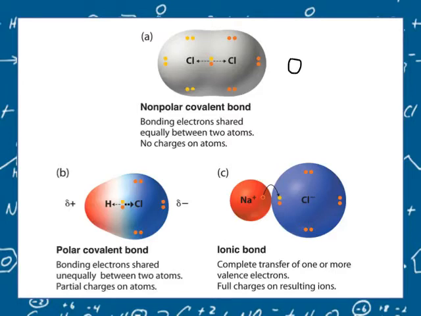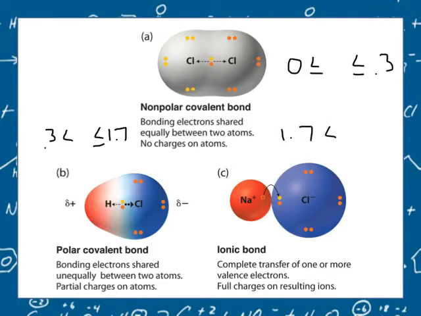If the difference is between 0 and 0.3, you're going to be considering that nonpolar covalent. If it's greater than 0.3 and less than or equal to 1.7, you're going to consider it polar covalent. And if you are greater than 1.7, you're going to be considering that bond ionic.